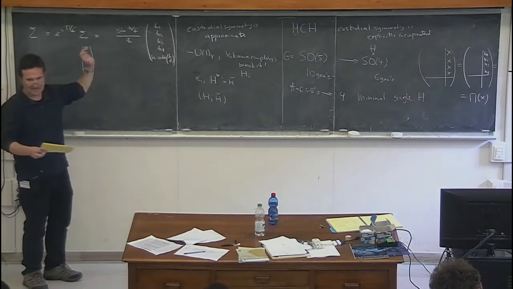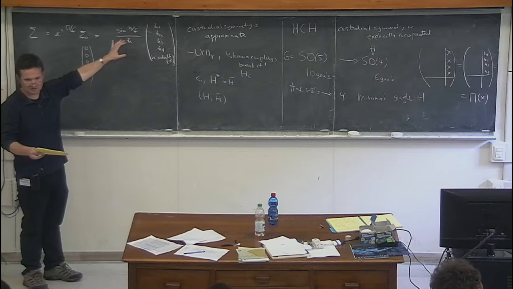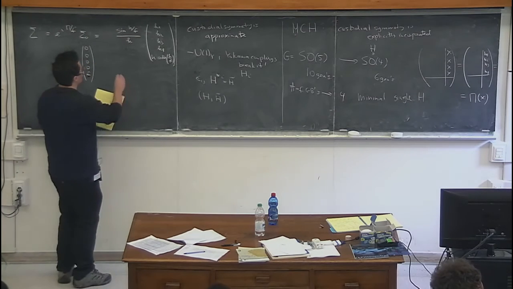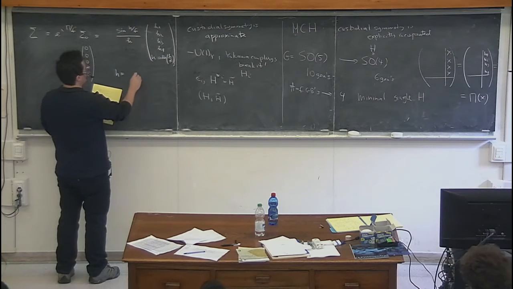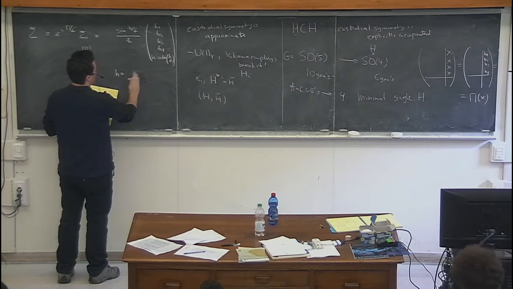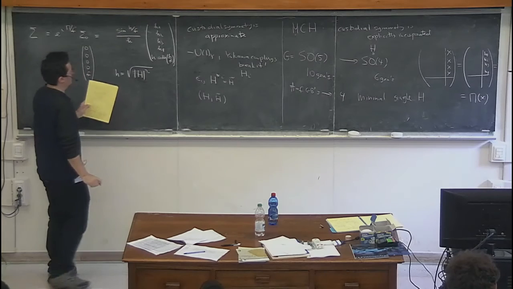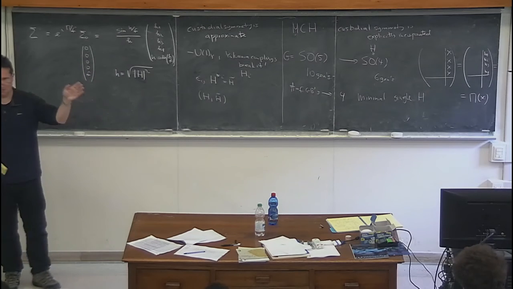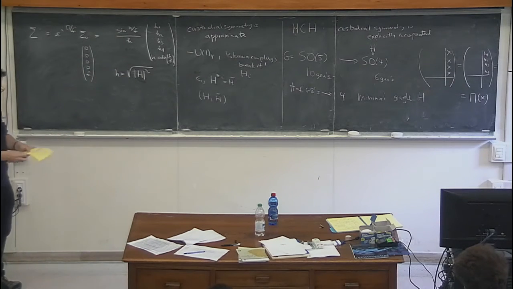You can just exponentiate it and use the usual trigonometric relations, where little h is the absolute value of the doublet, under the square root, which is h1 squared plus h2 squared plus h3 squared plus h4 squared.